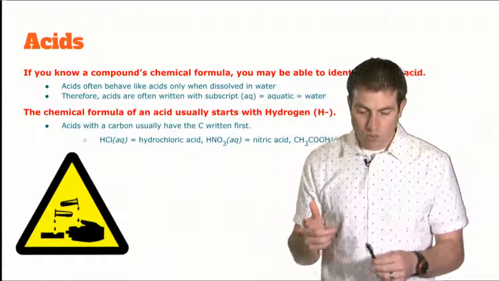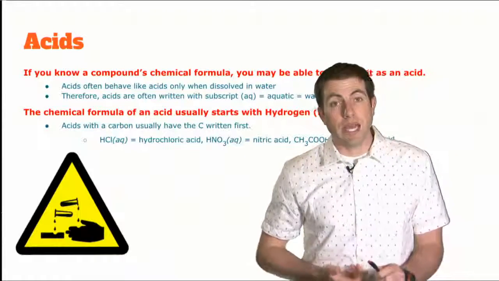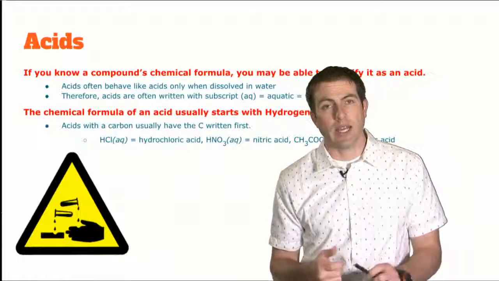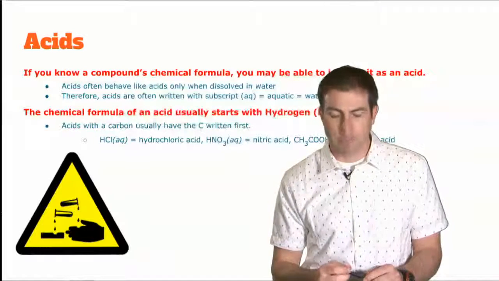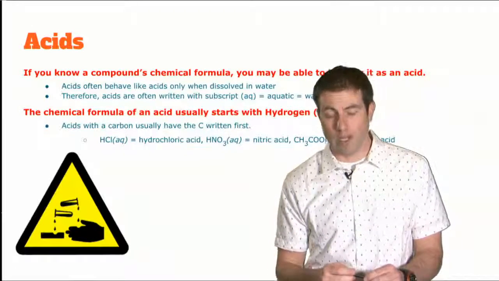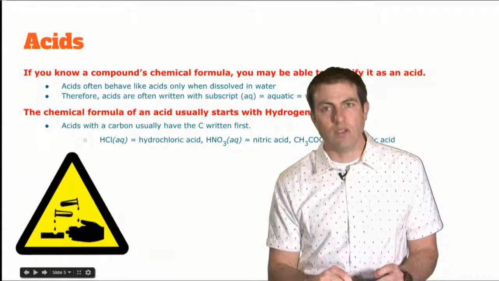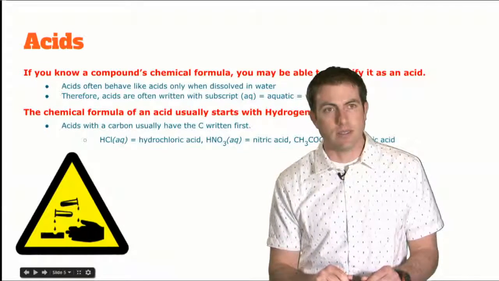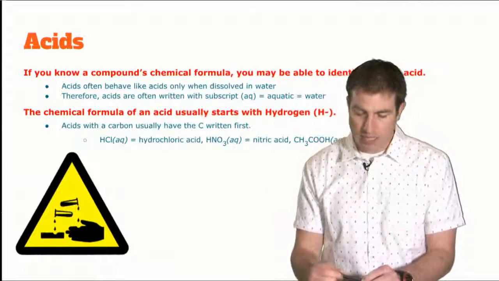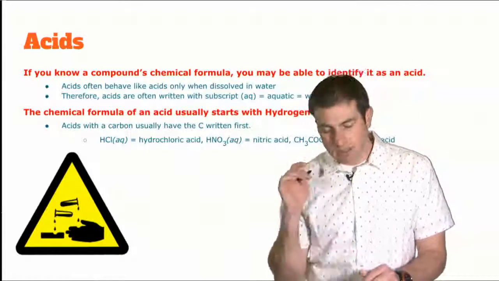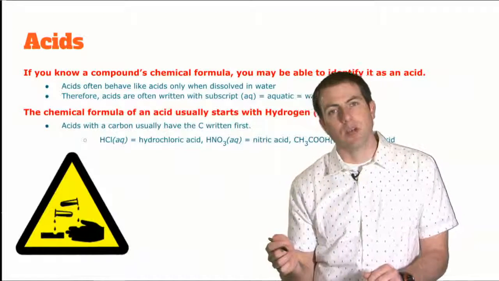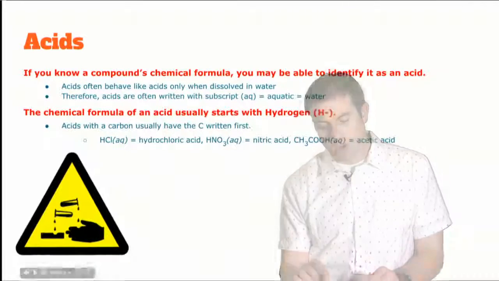All right, so hydrochloric acid is stomach acid, HCl. It's a very strong acid, your hydrochloric acid in your stomach. So you're talking about pH about 1. Nitric acid, acetic acid, all of these things are acids, and they all have that hydrogen in there. The only exception is the acetic acid, because it contains carbon and it's an organic molecule.